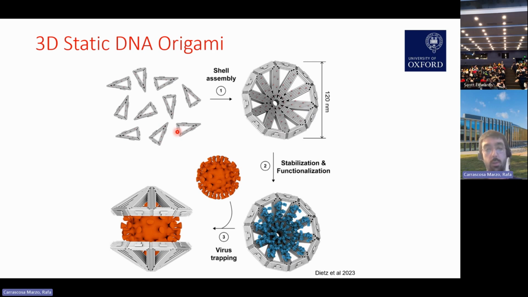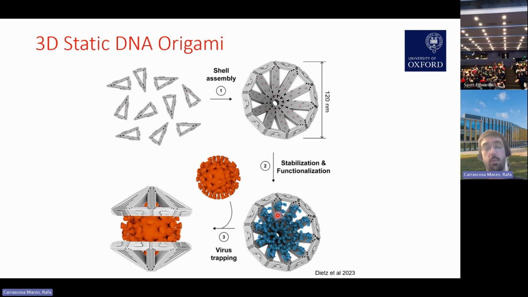This is something a bit more recent that was done by Professor Dietz in Munich, which is also one of the most relevant names in the field of DNA technology. During the whole pandemic, he was trying to consider how we could use DNA, in this case DNA origami, for attacking viruses. He had these huge DNA origami structures formed from smaller pieces that stack together as if they were Lego.